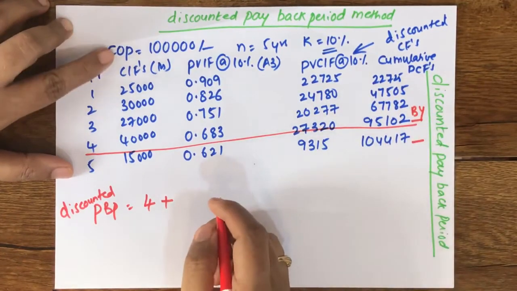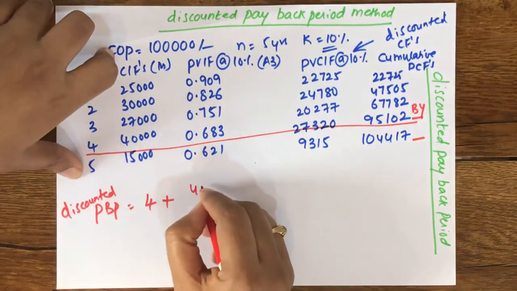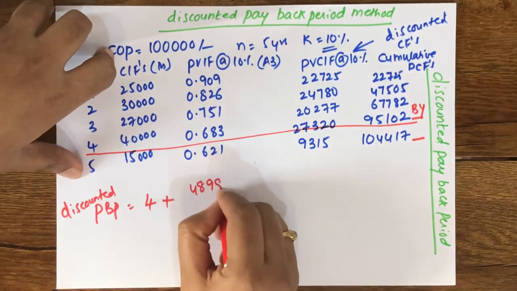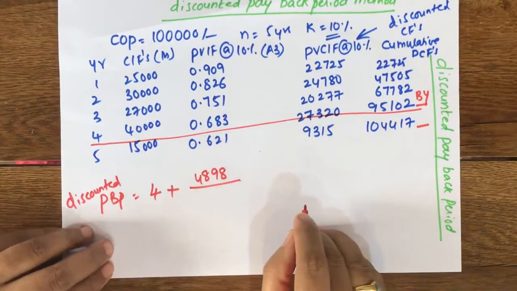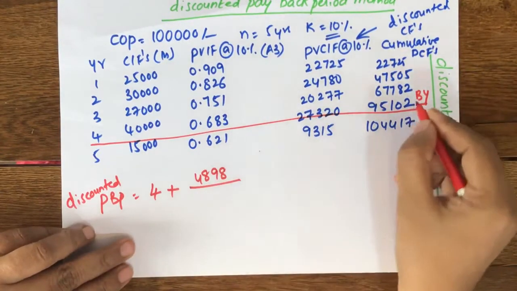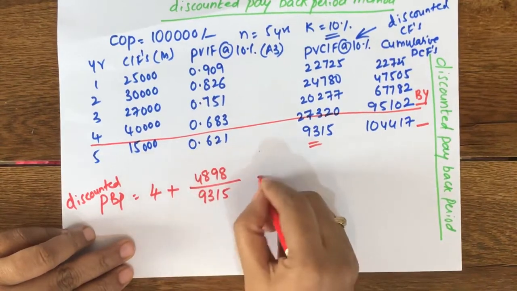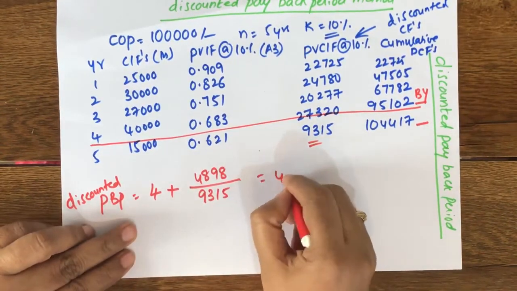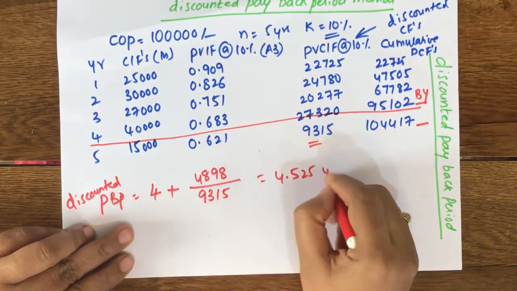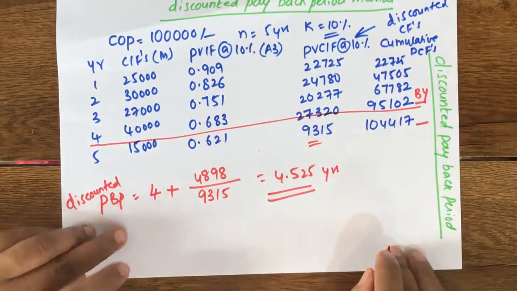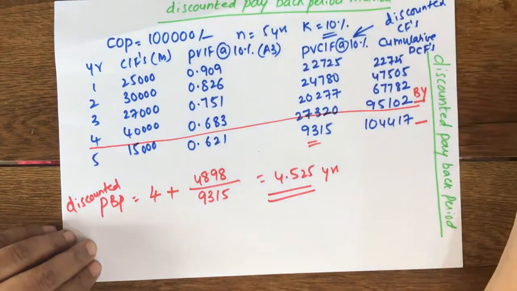The difference between 1 lakh and 95,102 is 4,898, divided by the cash flow next to the base year, 9,315. Thereby our discounted payback period is 4.525 years. So this is the procedure to find out the discounted payback period.